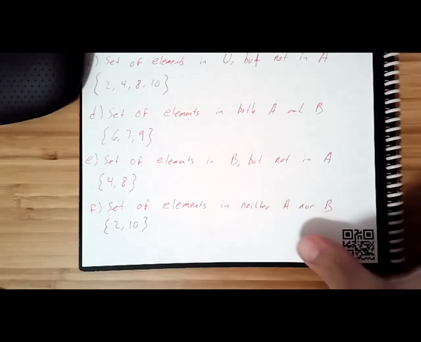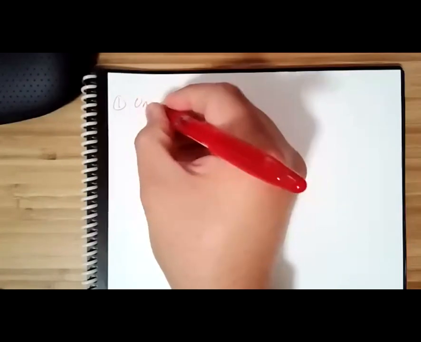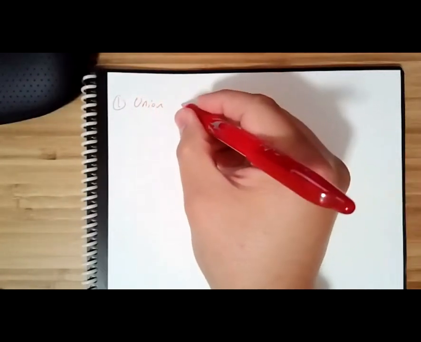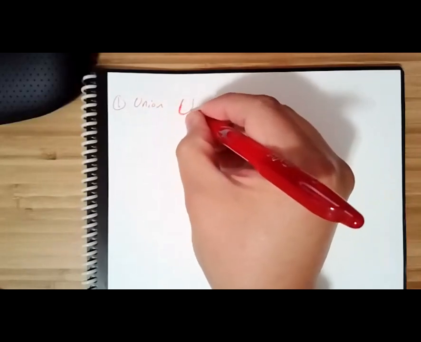Let me give you some definitions, or I guess kind of like formulas. First thing we need to know is, what does a union mean? Just in case you forgot. We use the symbol U like this, the set symbol.